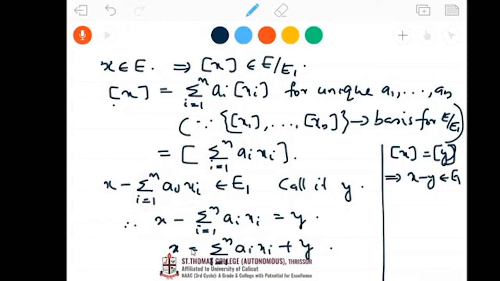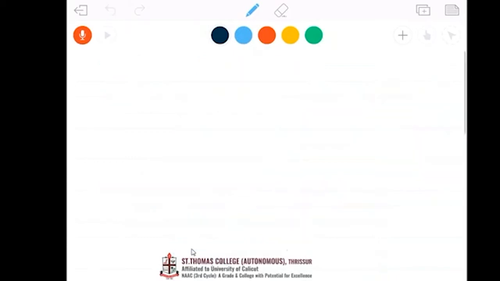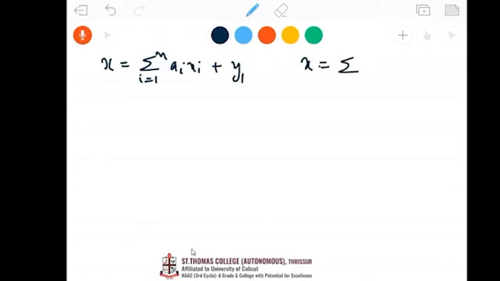So, this is in E1 because the left hand side belongs to E1. So, the right hand side is also in E1. Now, we have to prove the uniqueness of such an expression. For that, assume that x can be written as summation i equal to 1 to n aixi plus y1, as well as we can express the same x as summation i equal to 1 to n bixi plus y2.